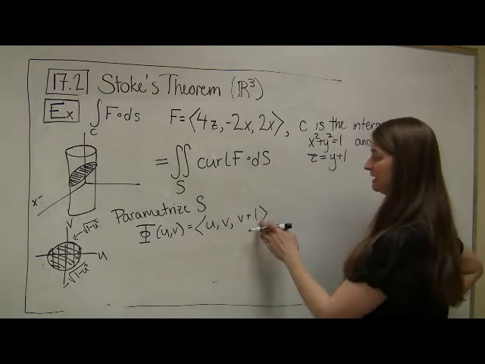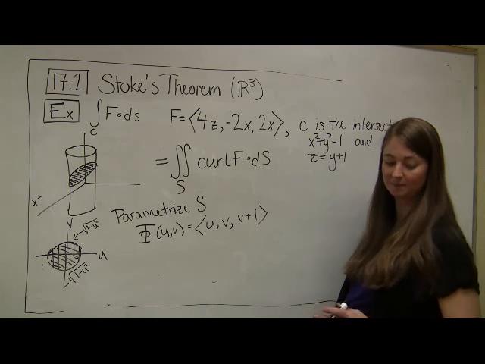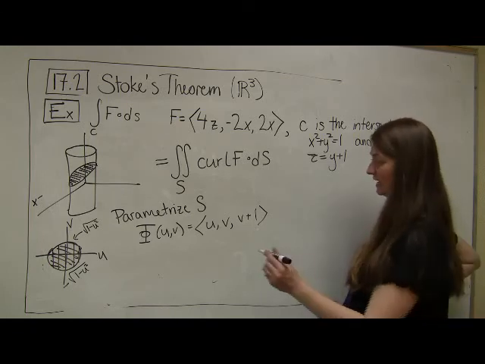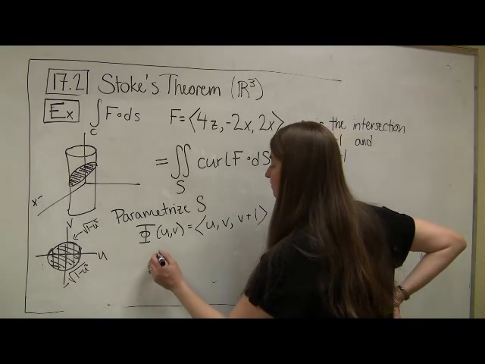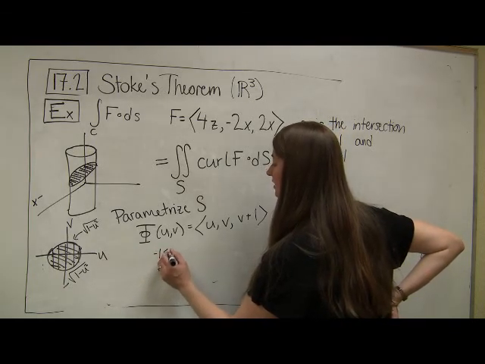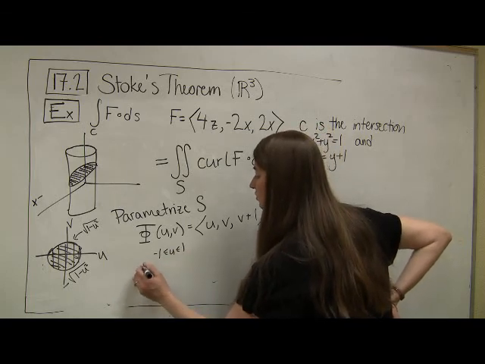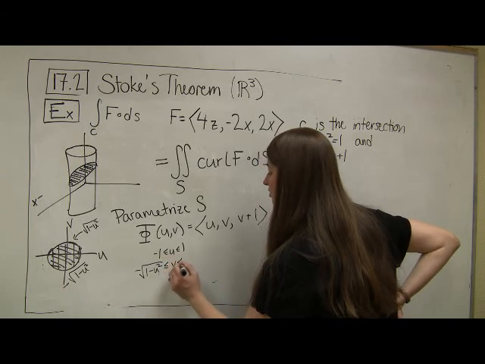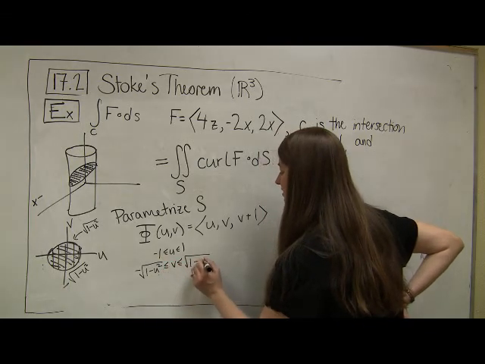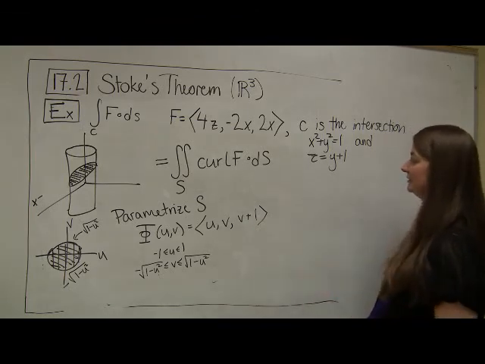So if this is my parameterization, then my boundaries in this case are going to be these funny boundaries. u is going to go from negative 1 to 1, and v is going to go from negative square root of 1 minus u squared to the square root of 1 minus u squared. And we'll get to that in a second.